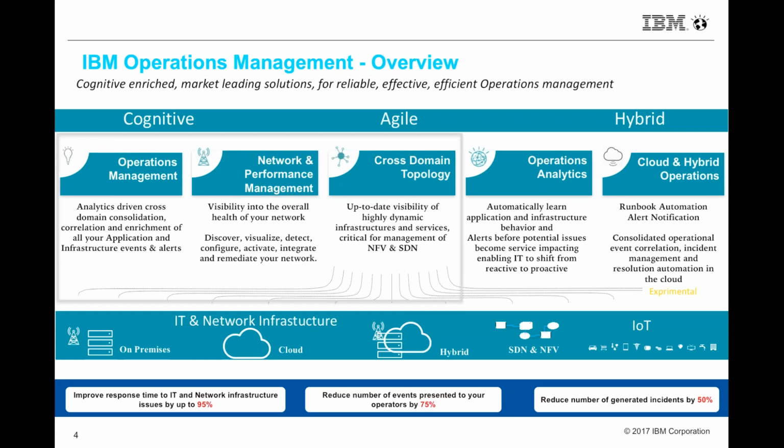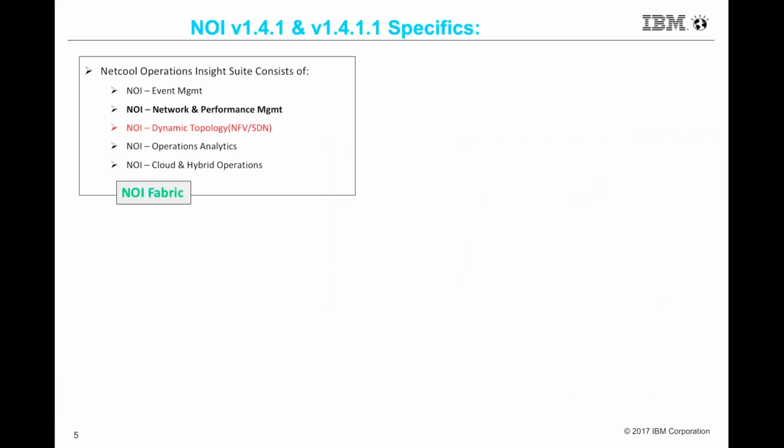You have 5 pillars here: operations management and so forth, network performance management, cross-domain topology, and so forth. On the next slide, I have taken all those 5 pillars to categorize them into components and products as they are in reality when you deploy.